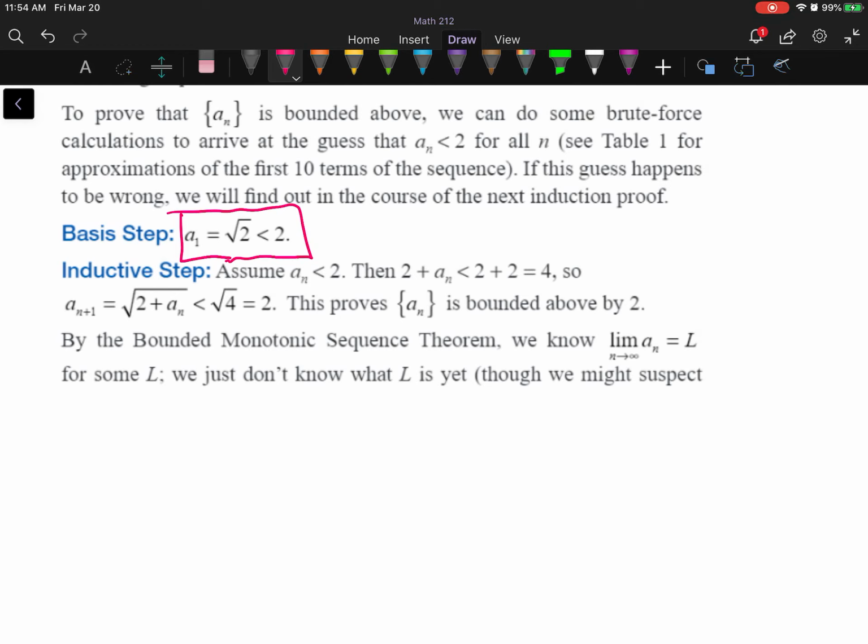And then this next step is called an inductive step, where you assume the thing that you're trying to prove, you assume that each term in the sequence is less than 2, and then you look at the next term in the sequence, a sub n plus 1. And using that, you can prove that the next term is less than 2, and that essentially proves that the sequence is bounded above by 2.